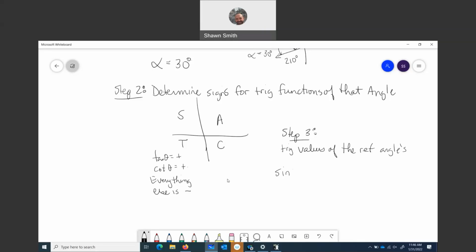You don't really have to write out this step, but just for your notes, I'm looking at sine of 30, cosine of 30, tangent of 30. We already just did this earlier. 1/2, square root of 3 over 2, square root of 3 over 3.